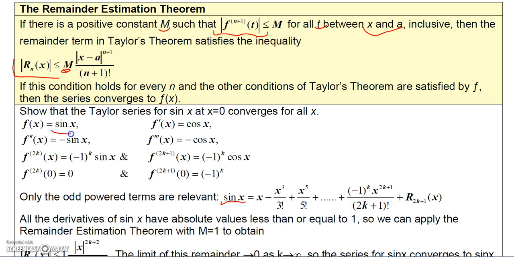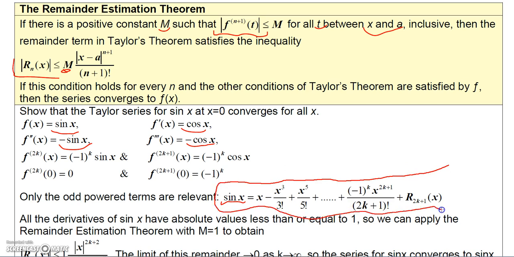So f of x is sine x, f prime of x is cosine x, f double prime is minus sine x, the third derivative is minus cosine x, and so forth. And so basically, let me just go ahead and tell you that sine x is equal to this series plus the remainder term.